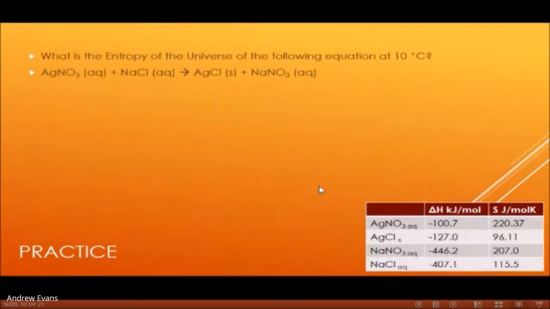Okay. So here is a thing we actually just did. We talked about KSP expressions, which dealt with precipitation reactions. And in fact, that's what I'm teaching in General Chemistry 1 right about now.